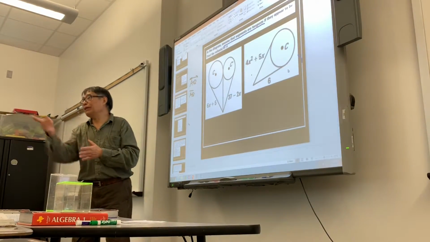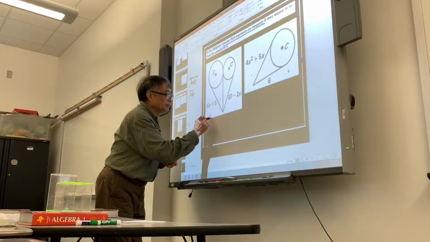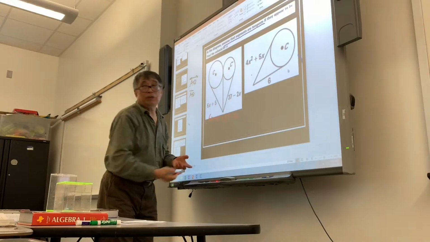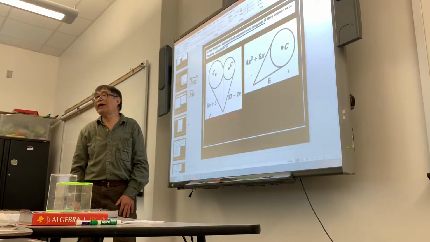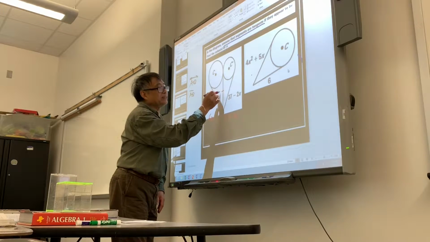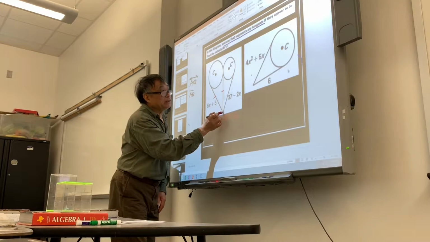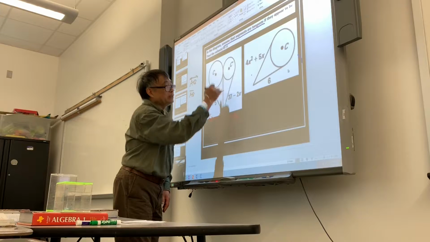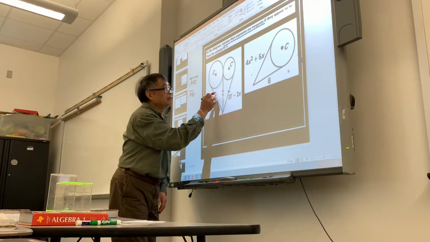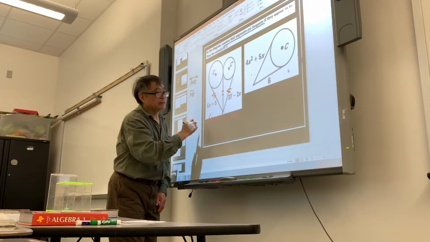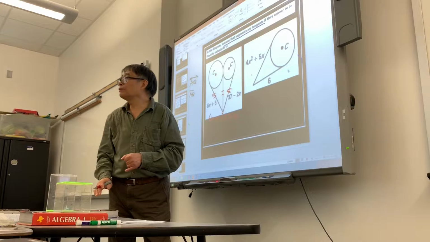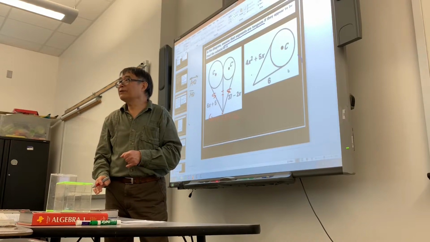Solve for x. 6x plus 5 equals 37 minus 2x. Perfect. Thank you. Why? Because from this point, tangent, this side equals this side. From this point, tangent to this circle, this side equals this side. By reflexive, this side equals this side. Perfect. Second question, set up the equation for me, please.